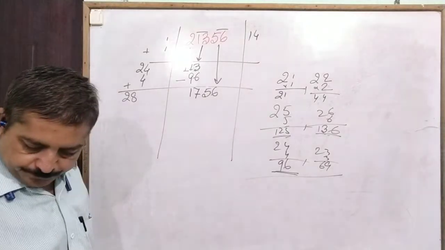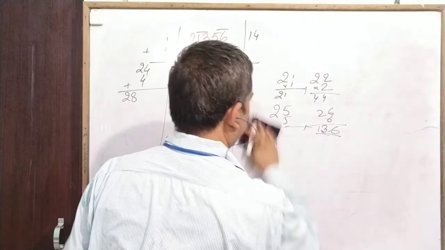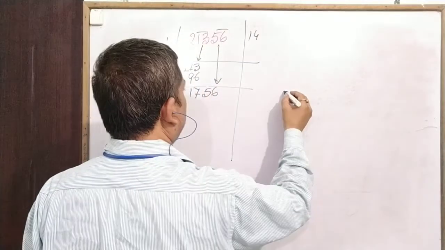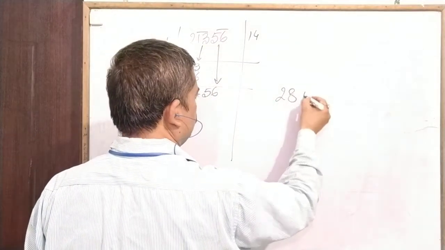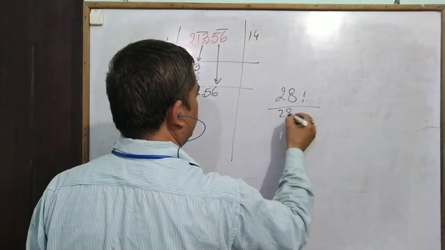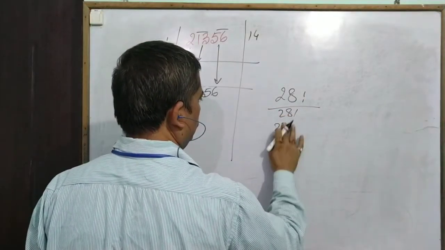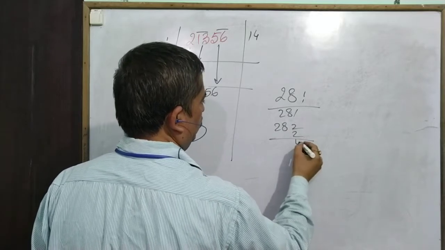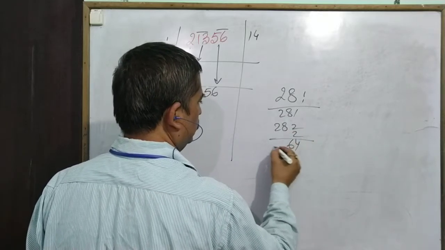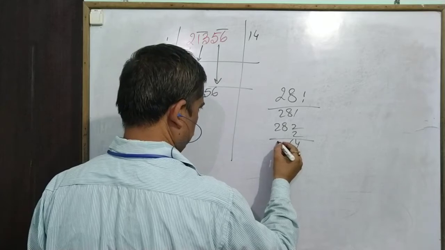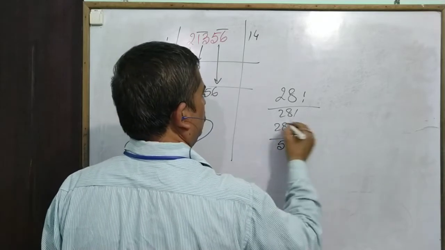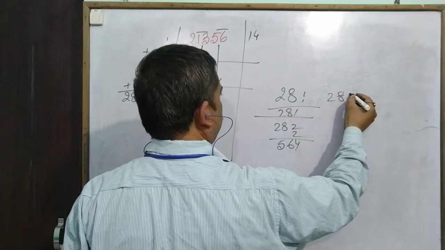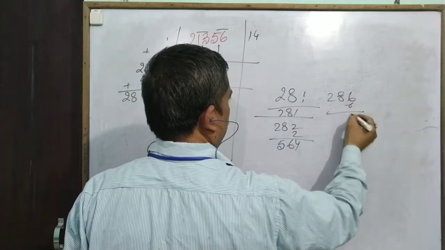Again 28, you just take 1 and 281, 2, 2, 4, 2, 8, 6.